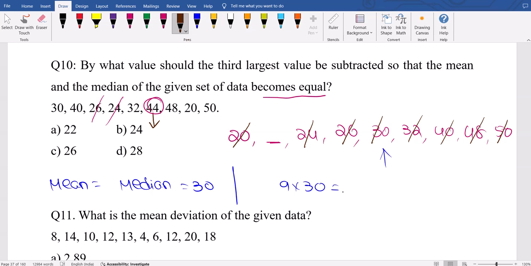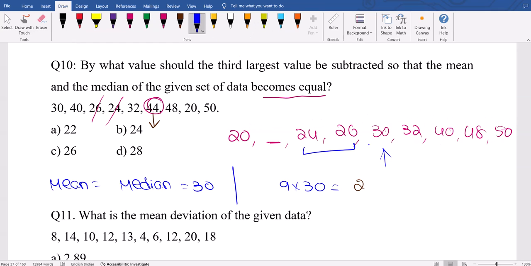Already you got 270, fine. But 44 also there, no? 9 terms only, no? Yeah, 5 plus 4, 9 terms. Median is 30, right? So we got median 30. Mean also must be the same.